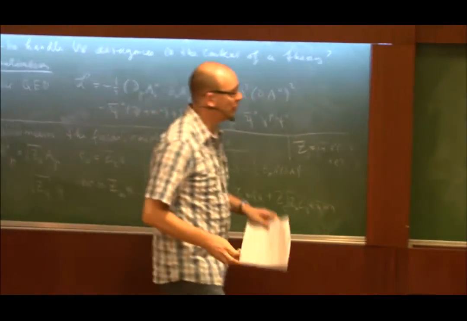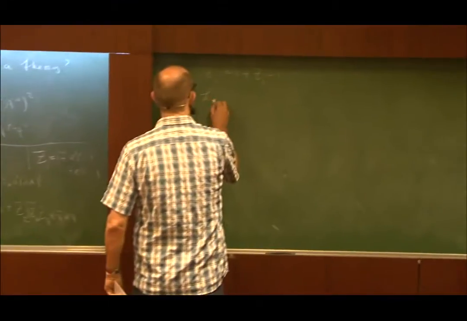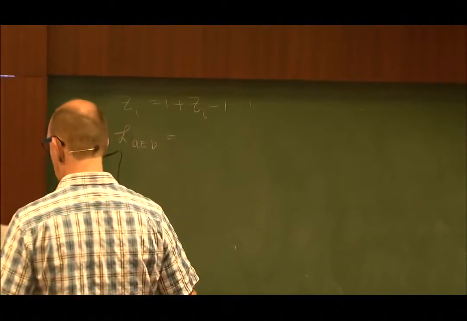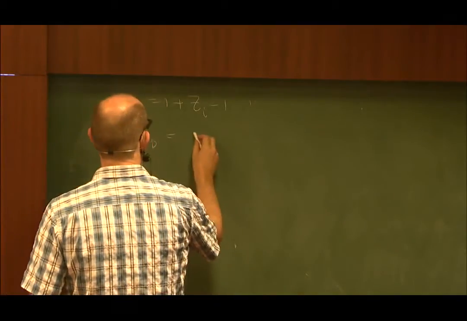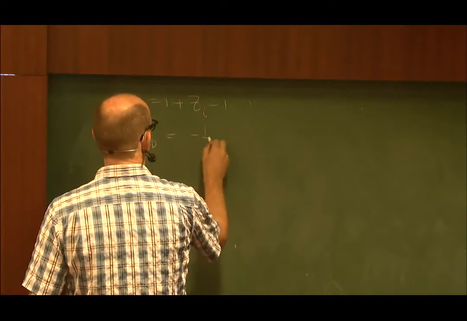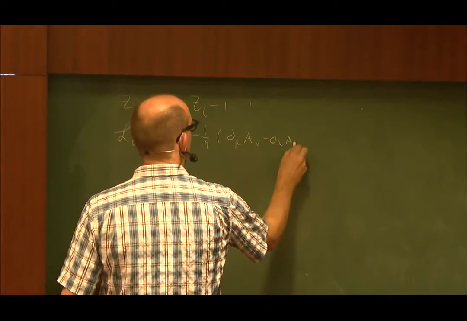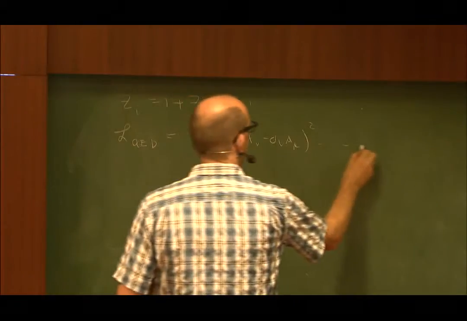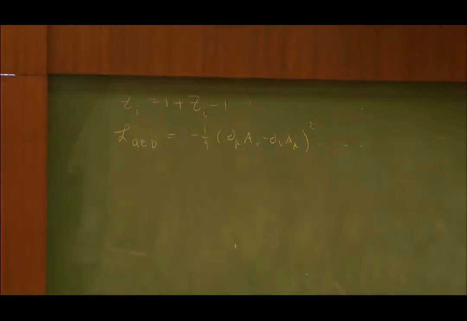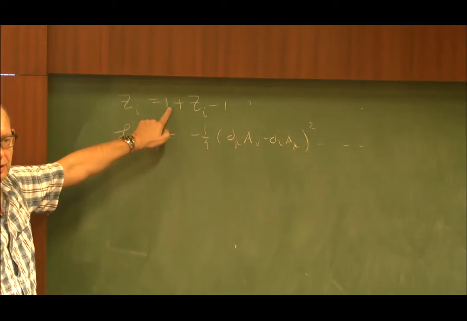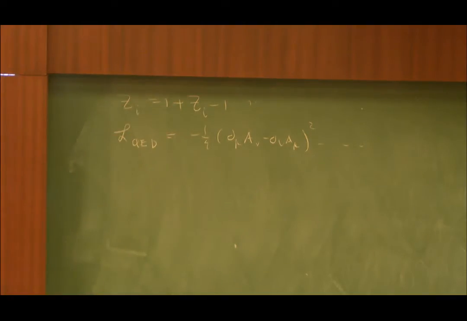So I can now write the Lagrangian, L QED, as minus a quarter (d mu A nu minus d nu A mu) squared, etc. All the terms I had here, these terms now without 0. This is if for all the Z's I take the 1, then all that does is it takes the 0 away.